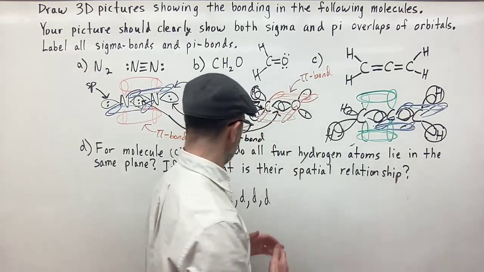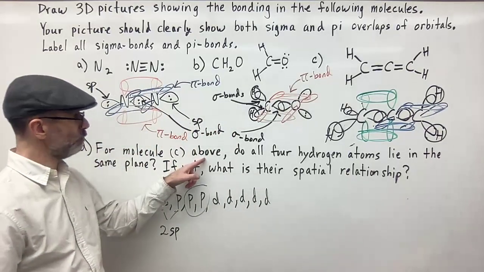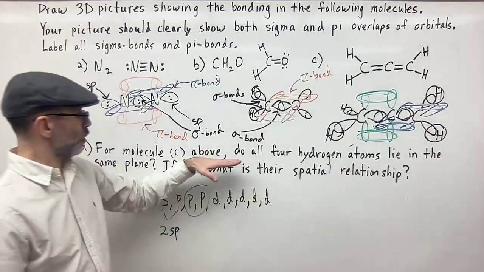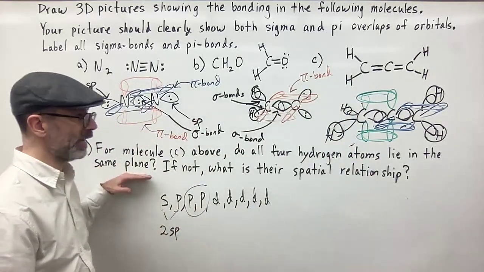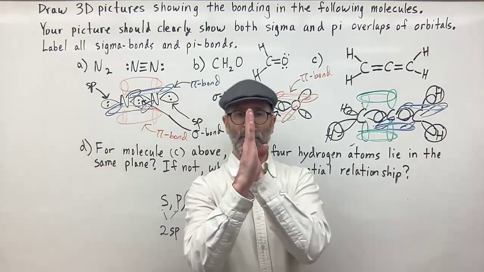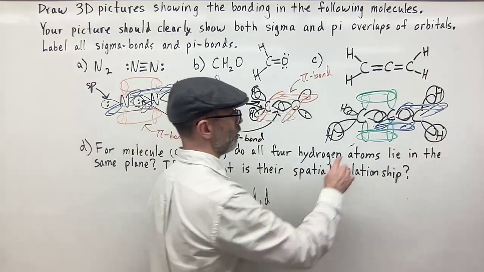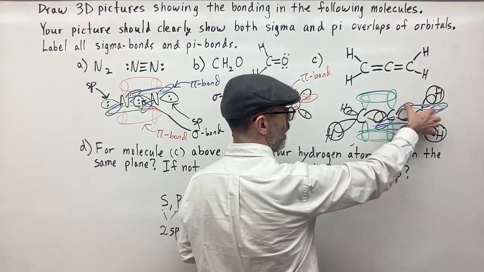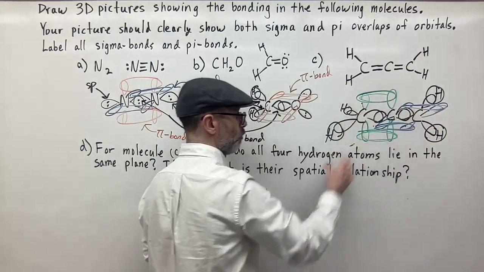And so that gets to our question here. For molecule C above this one here, do all four hydrogen atoms lie in the same plane? If they were in the same plane, they would be like that, but that is not possible given the fact that we have two pi bonds, a pi bond over here overlapping, a pi bond over here overlapping.